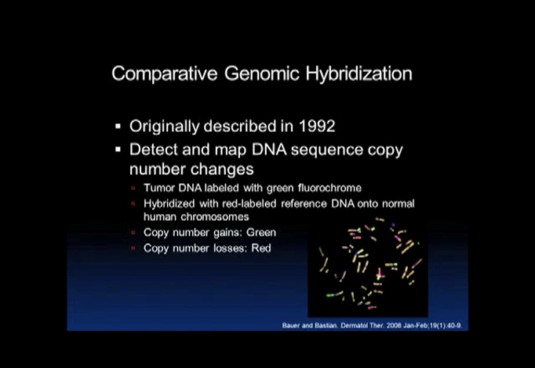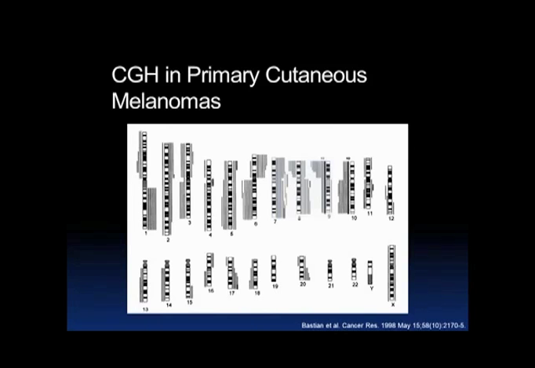So basically what that means is if you label the tumor DNA in green, for example, if you have copy number gains, there's more green that's actually hybridizing with the normal DNA. So you have a green signal in this area, and conversely, if you have losses, you have more of the reference DNA showing through.